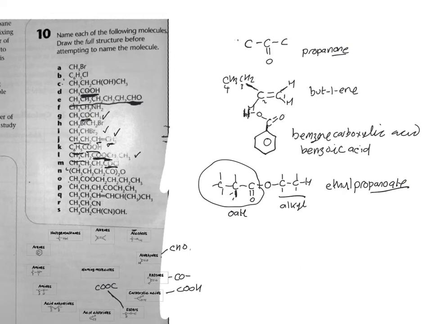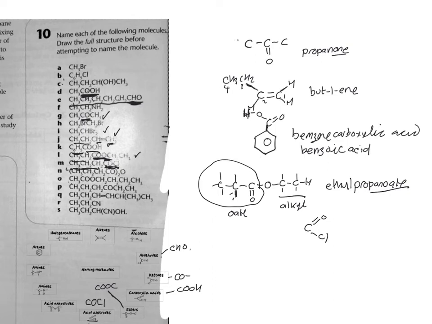M, as you can see here, has got a carbon oxygen chlorine. Carbon oxygen chlorine, I call those cockles, acyl chlorides. And so again, draw out the structure of the functional group first and then put the rest of the molecule around it.